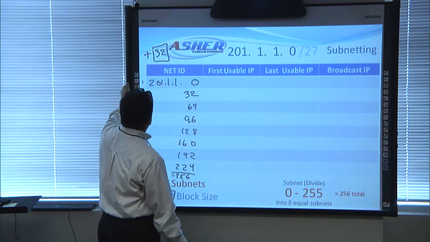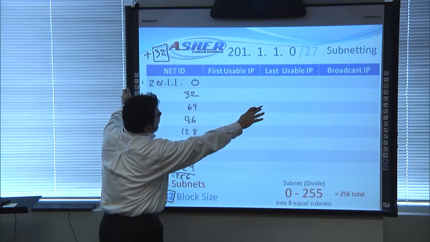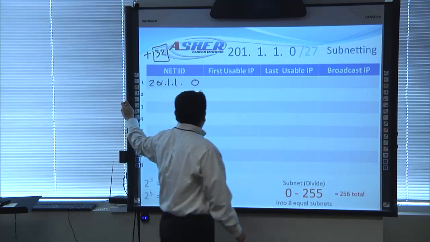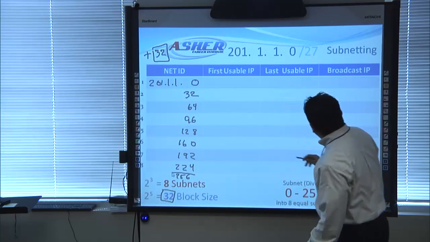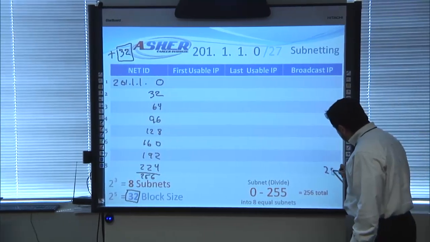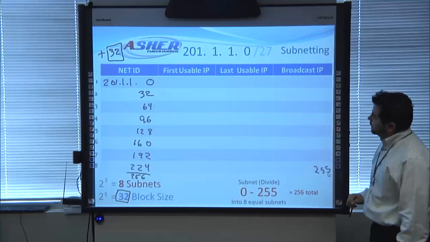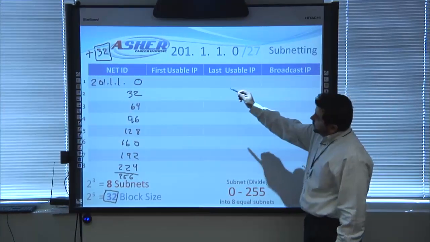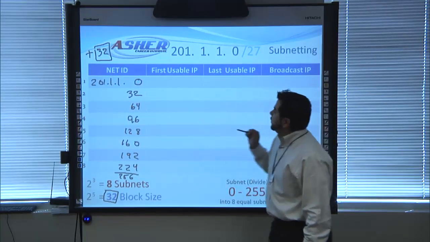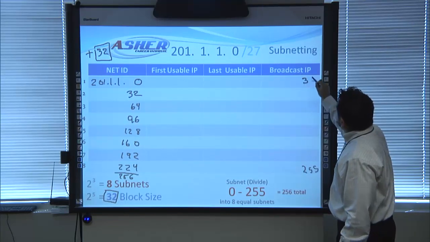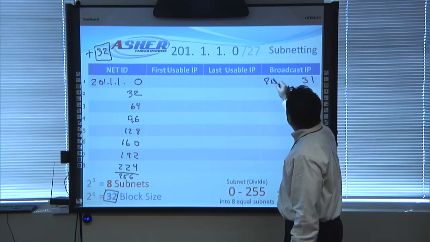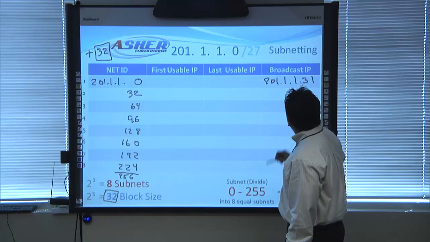All right, so now filling in the last one, the broadcast. We know that 255 is the last available one, so we'll write that over here: 255. And now let's go back to the beginning. What is 1 less than 32? 31, so that would be 201.1.1.31.